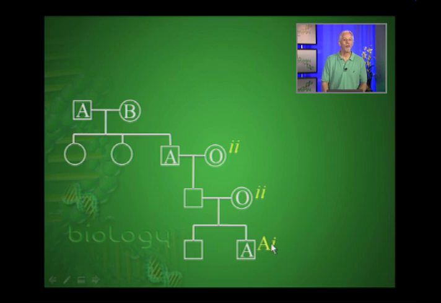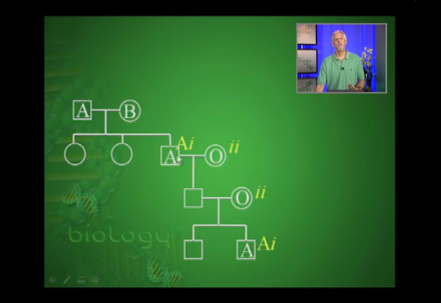Let's continue with whatever else we can here. This parent, AI, why couldn't he be AA? Well, this is a problem that takes a little bit of insight. He has to be AI, even though we don't even know what blood type this father is.